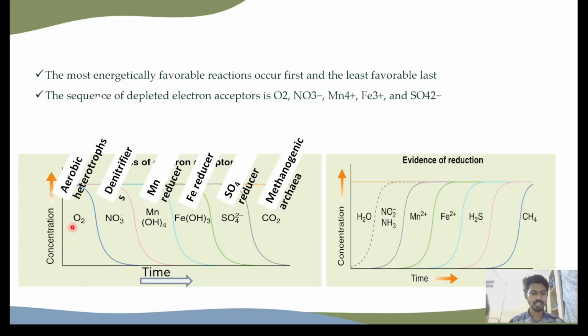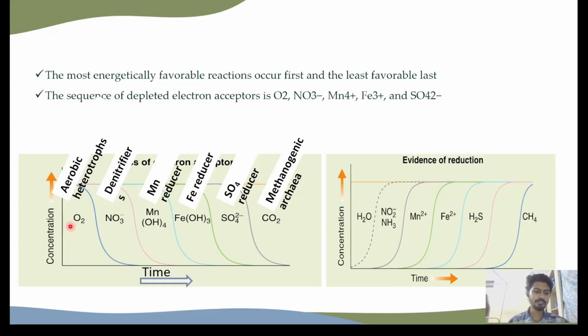Oxygen is first consumed by the aerobic heterotrophs, followed by the denitrifying bacteria, the Mn reducing bacteria, Fe reducing bacteria, SO4 reducing bacteria, and at last the archaebacteria. And how did we find this out? By observing the products that are formed during the reaction.